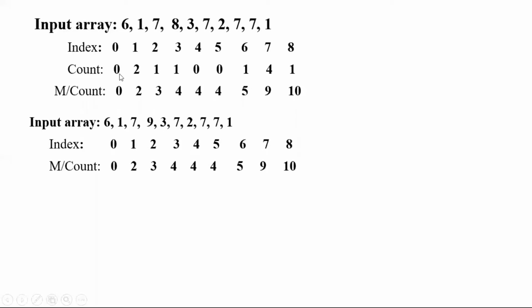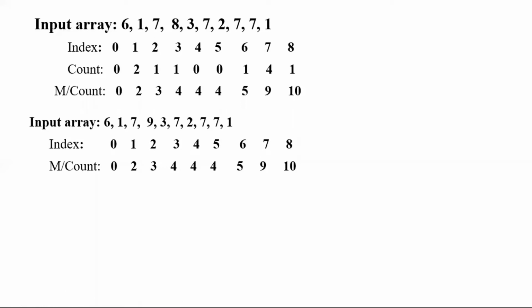In the previous lecture, I mentioned that there are two methods to implement the counting sort. One, from the count array, we can expand the count array by creating a new array the same size as the input array and expanding the count.